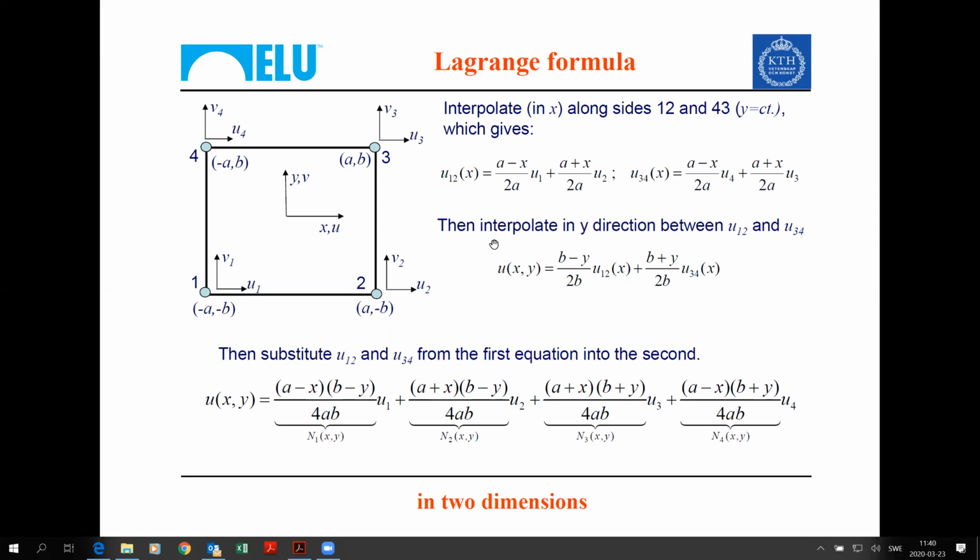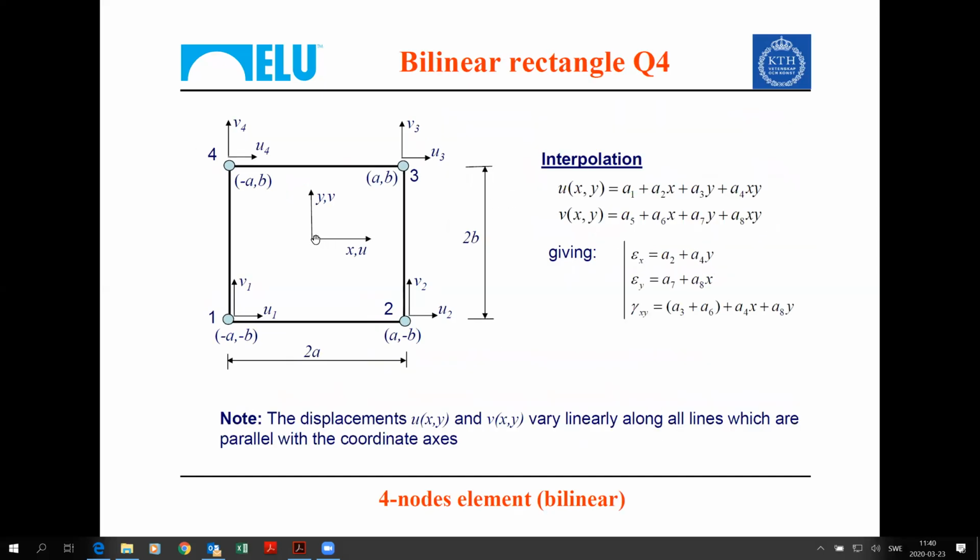This is how the interpolation in x would look like along the line 1, 2. And u34 would be (a minus x) over 2a times u4 plus (a plus x) over 2a times u3. These are very easily checked, assuming that your element has origin here.